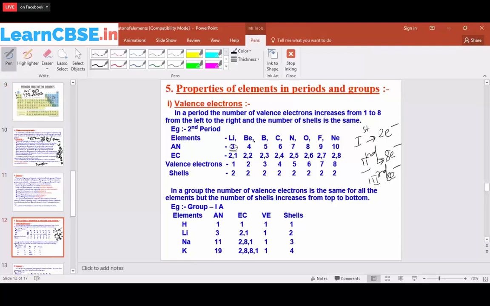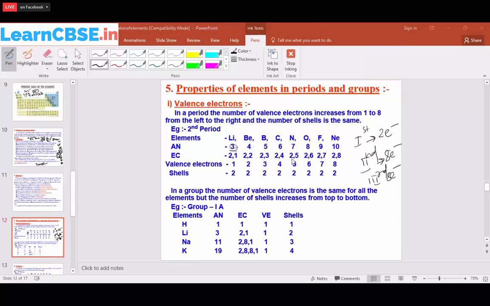Beryllium is 4, so 4 electrons are present: 2 electrons in the first shell and 2 electrons in the second shell. Boron, 2 electrons in the first shell and 3 in the second. Carbon has 6 electrons, so 2 electrons in the first shell and 4 in the second one.